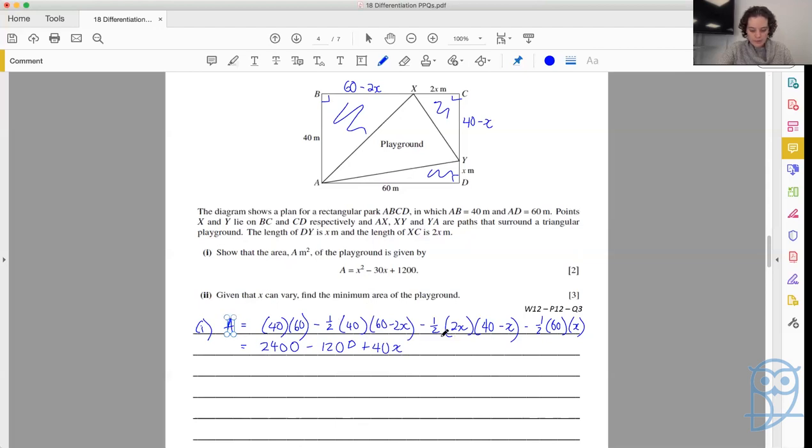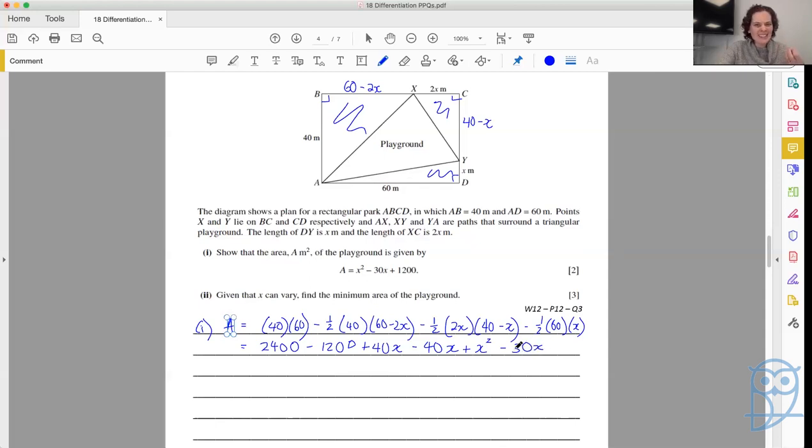Next one, minus a half times 2x just gives us minus x, so minus x times 40 is minus 40x, and minus x times minus x is plus x squared. And the last one, minus a half times 60 times x is minus 30x.